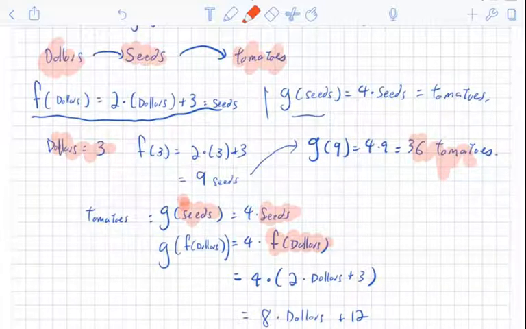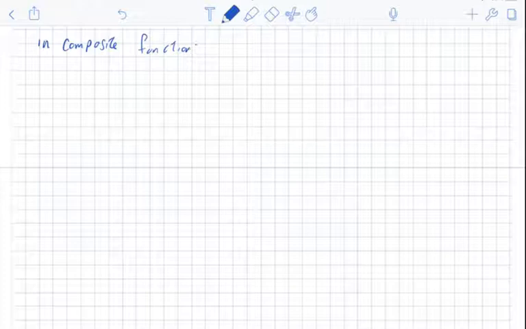So let's go through what I just told you in a little bit more abstract way. In composite functions, we usually do these things without words. What somebody will do is they'll say, okay, u, that's the output of a function that depends on x.